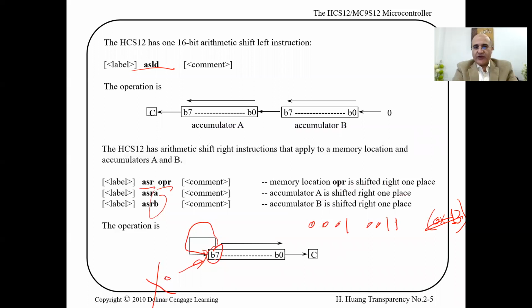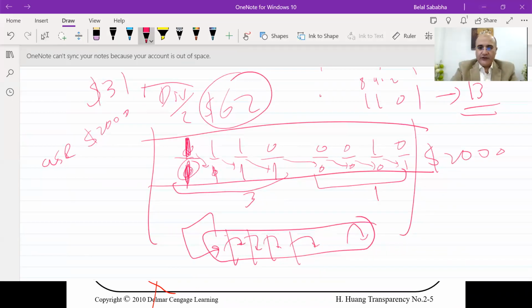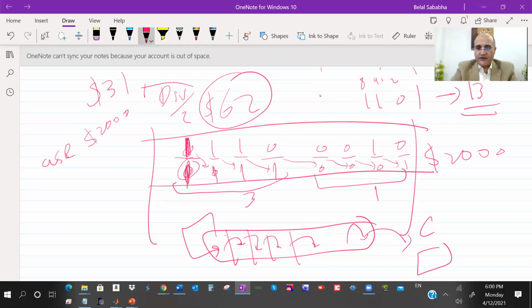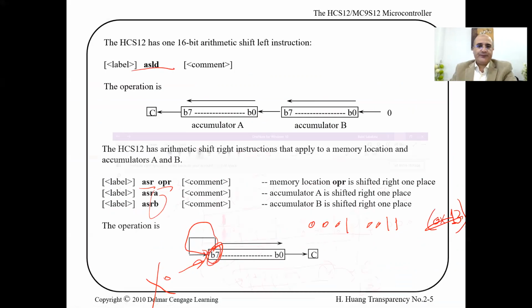In the left, it's okay, but in the right, it's not okay because the most significant bit is the sign. And the least significant bit that shifted out here goes to the carry. If you had a 0, so in our case, the bit was 0, so the carry will, after this operation, be 0.